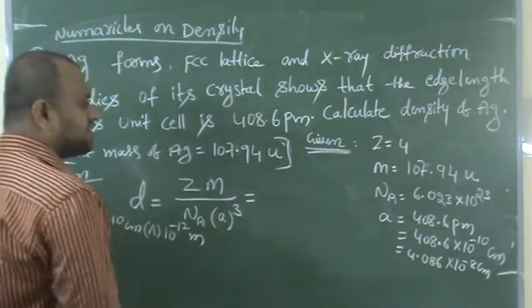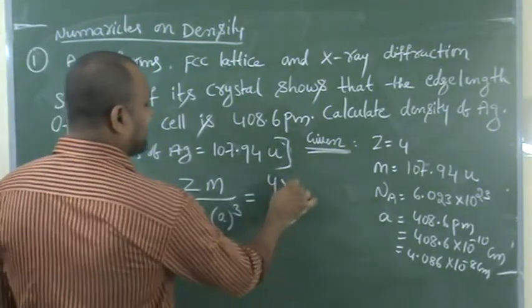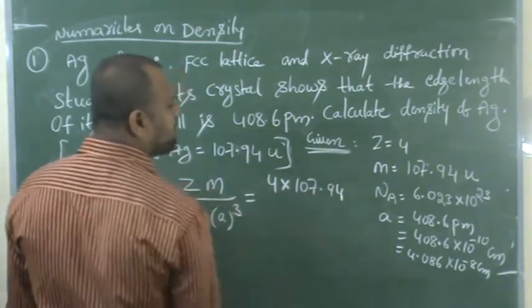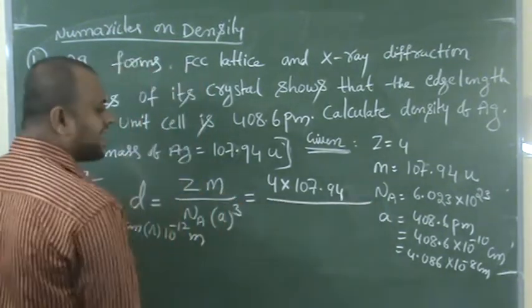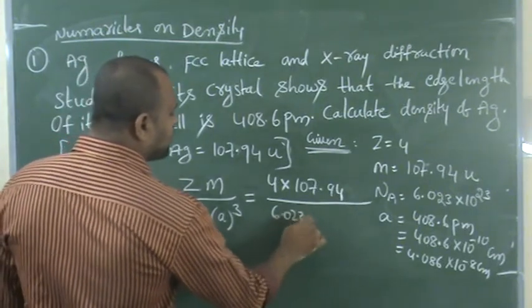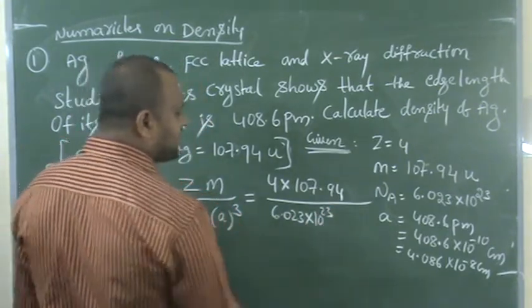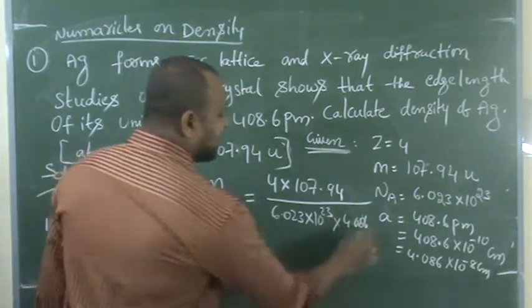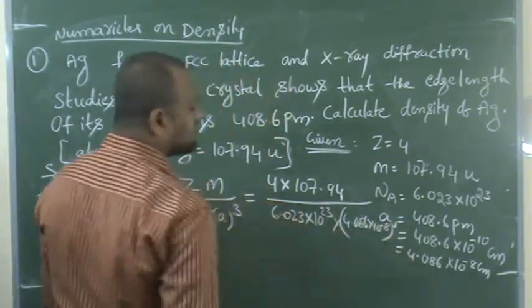Substitute all these values here. That is 4 into 107.94, divided by Avogadro's number 6.023 into 10 to the power of 23, into 4.086 into 10 to the power of minus 8, whole cube.